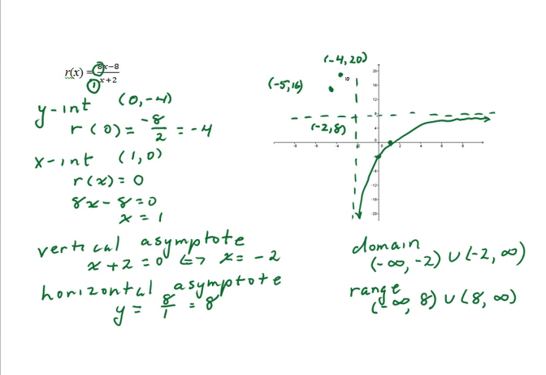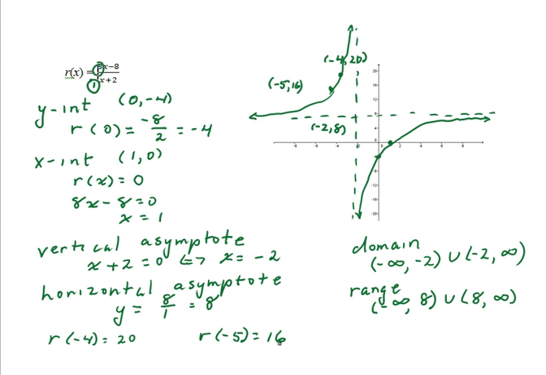So the part of the graph in the top left mirrors the part in the bottom right. And you can confirm for yourself that r of negative 4 equals 20 and r of negative 5 equals 16.